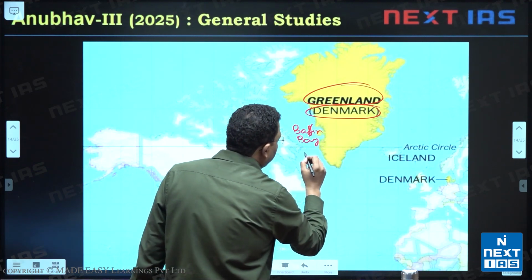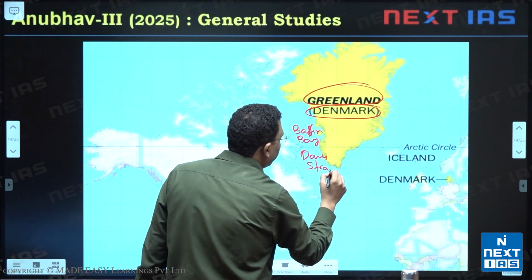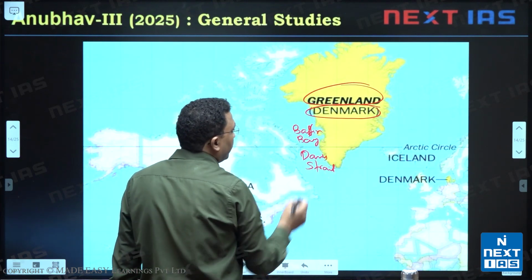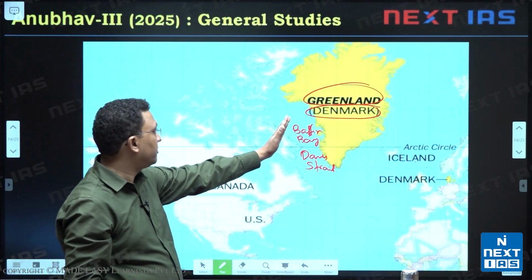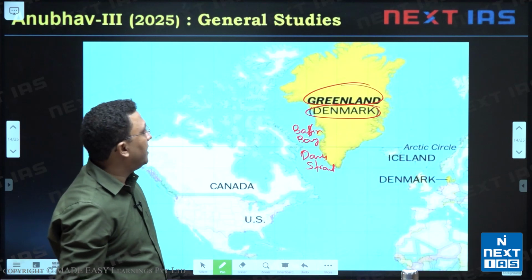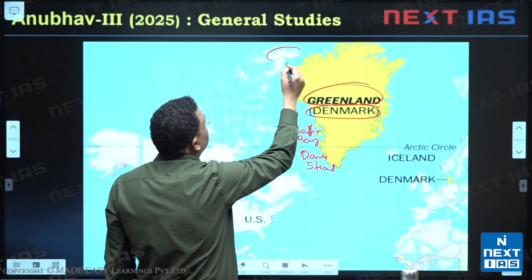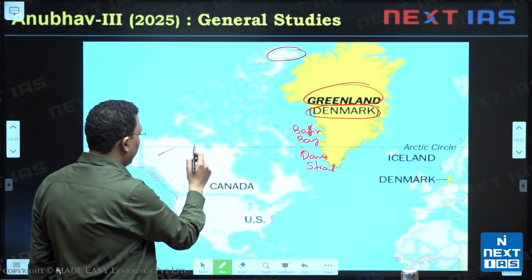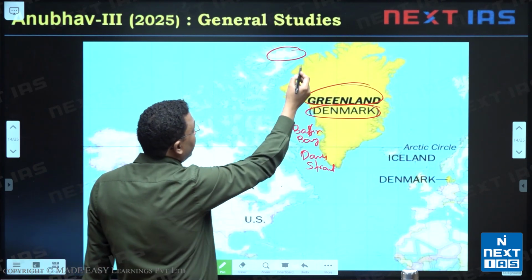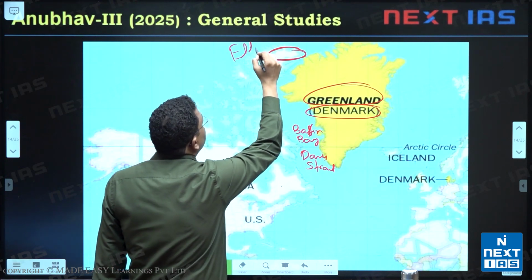And this one is known as Davis Strait, right? So Baffin Bay and Davis Strait are located towards the west of Greenland, right? And if you see in the north or northwestern side, this island is basically a Canadian territory. This whole area is Canadian territory, and this particular island is known as Ellesmere Island.